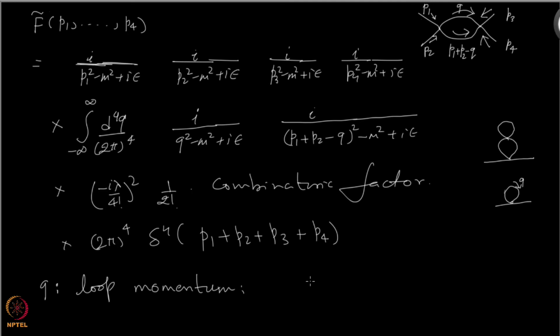Okay, good. Then what we can do is make the Feynman rules for calculating F tildes or G tildes. So when we are looking at these Green's functions in Fourier space, the Feynman rules are the following.